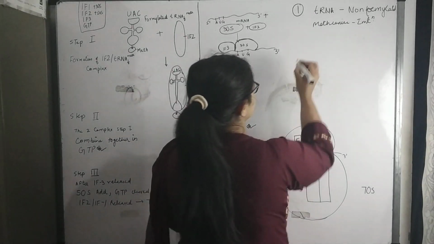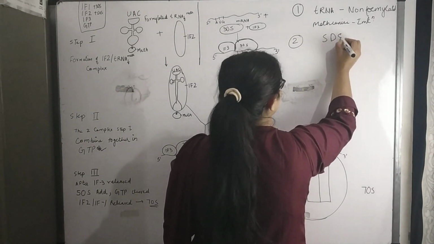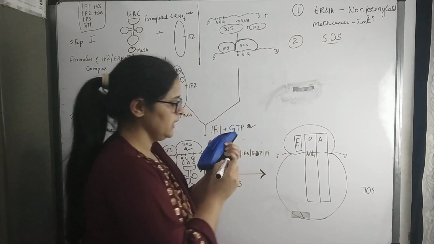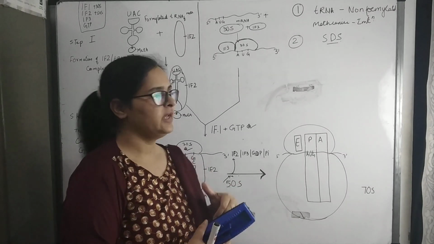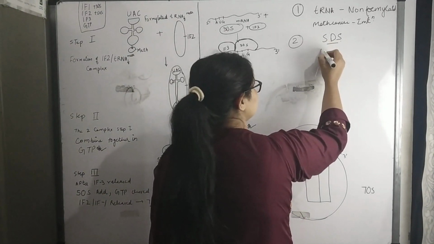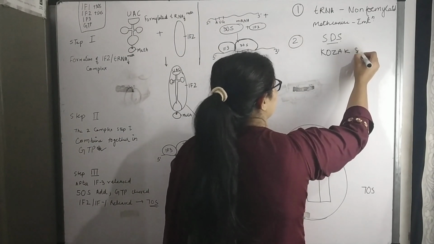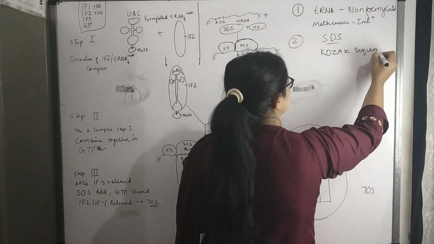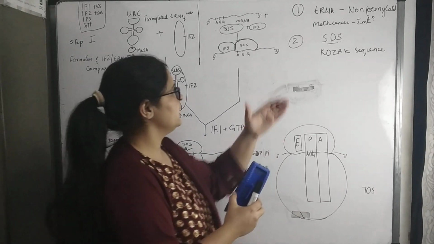Number 2: there are Shine-Dalgarno sequences in the prokaryotic system, but in the eukaryotic system, in place of Shine-Dalgarno sequences, Kozak sequences are present.